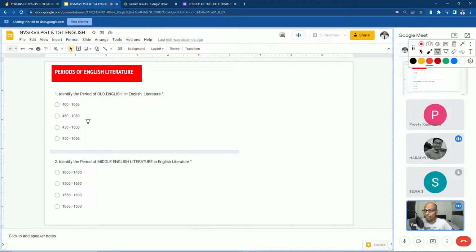Old English. Can you see the first question on screen? Read the question. 450 to 1066. Correct. Yes, sir, it will be the second option. The period of Old English in English literature is 450 to 1066.